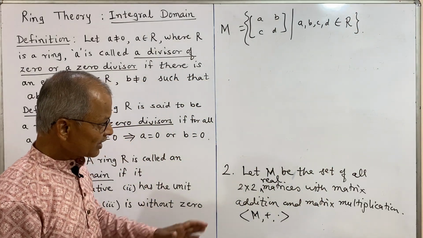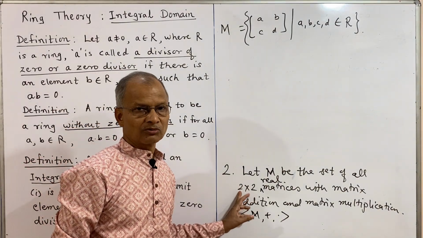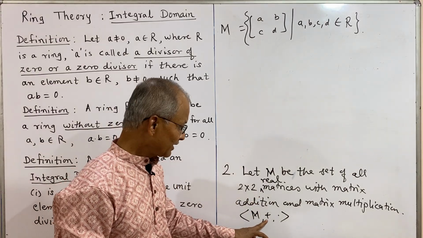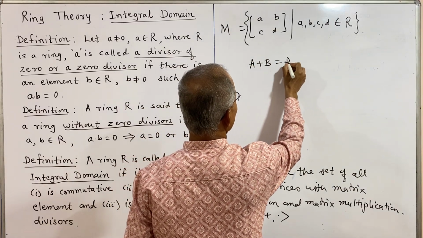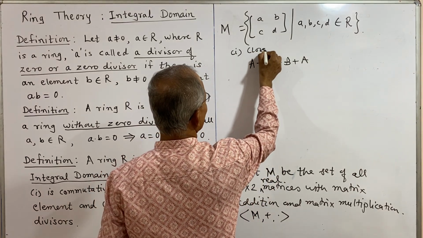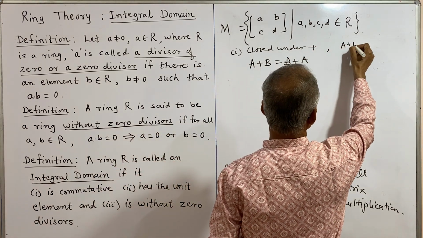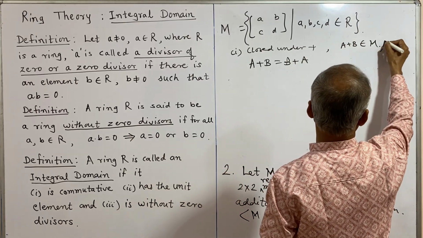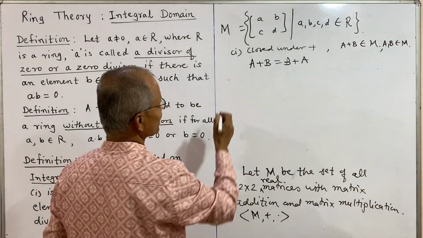And we know matrix addition is closed, as the sum of two matrices of order 2 by 2 is again a matrix of order 2 by 2. Matrix addition is commutative, that is A plus B is equal to B plus A. It is closed under plus, that is A plus B is in M if A, B belong to M. That is the closure property.